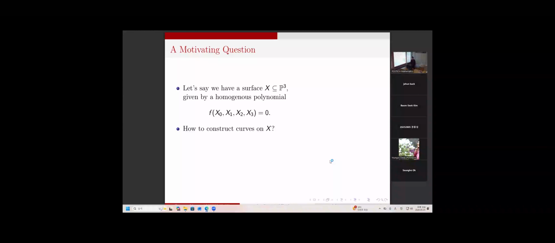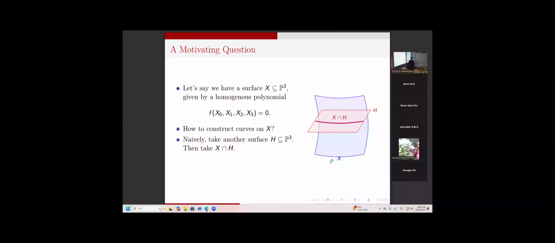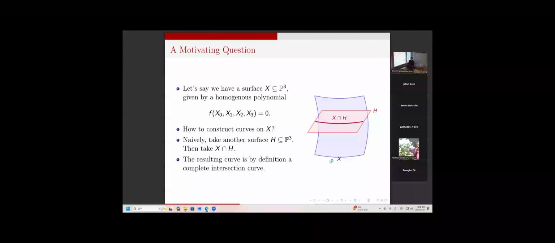The most naive thing you can do is to write down another surface in P3 and then take the intersection with your original surface. There I drew a picture of your X intersecting another H. And then the resulting curve is by definition a complete intersection curve in P3.